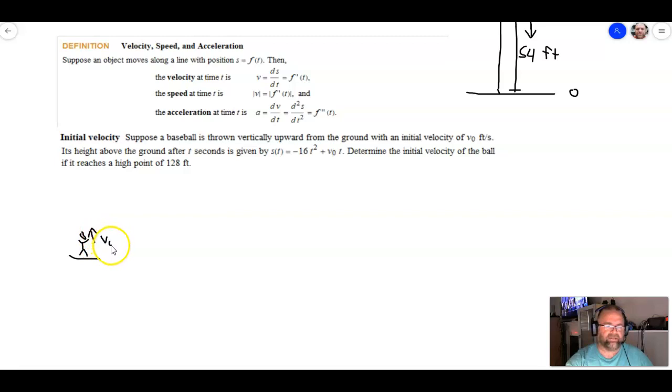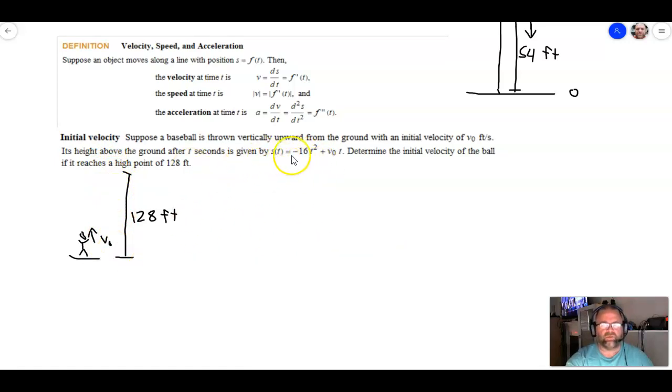So that's going to be some value in feet per second, although I don't know what it is. It's going to reach a maximum height of 128 feet, and then once it gets up to this height here, it's going to come back down.